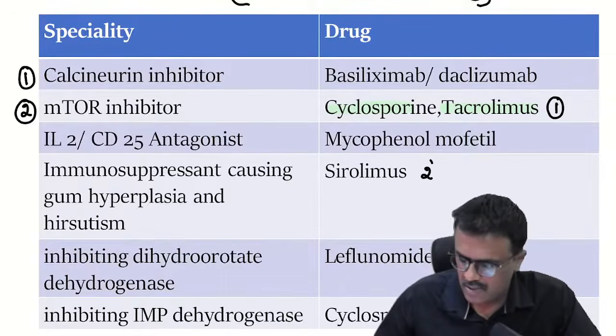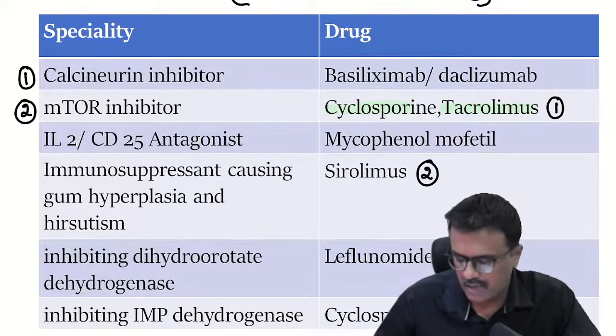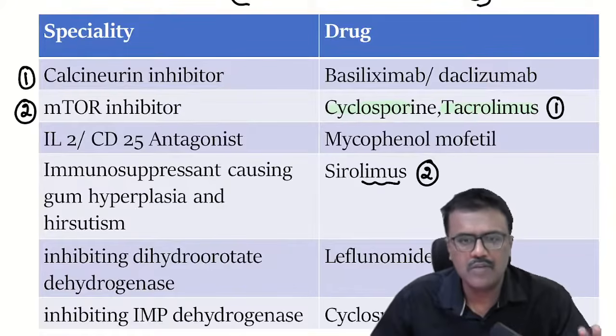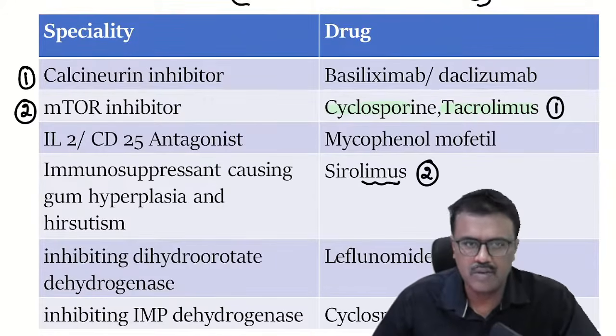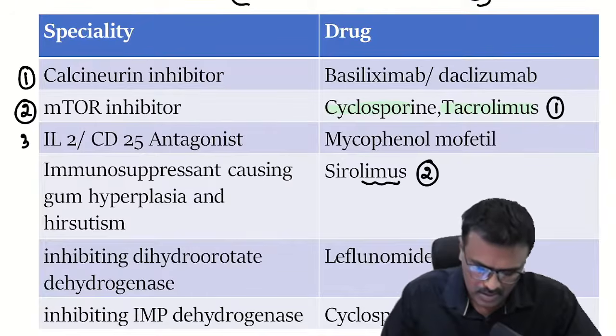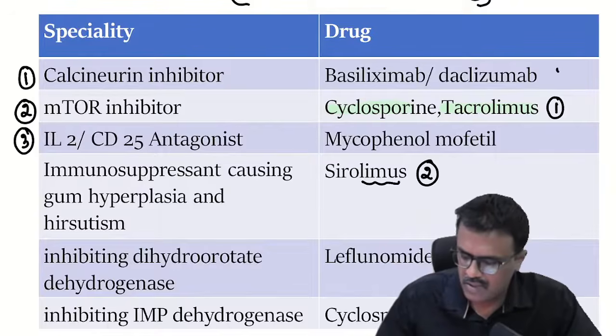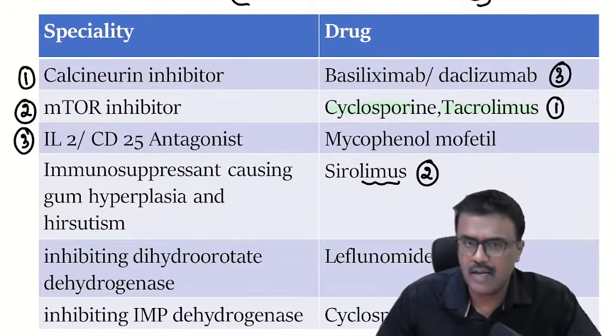The name is sirolimus. Anything ending with limus is usually an mTOR inhibitor. They are used for cancers, and sirolimus is also used for stents, to prevent stent thrombosis or stent blockage. Number 3, interleukin 2 or CD25 antagonist. We use the drugs basiliximab and daclizumab.